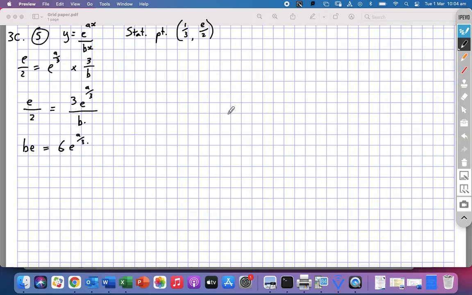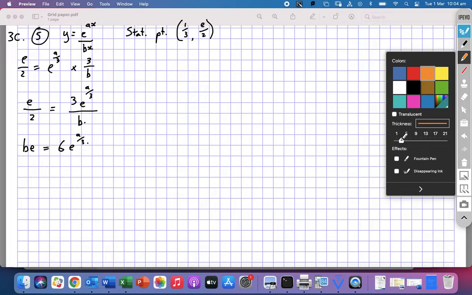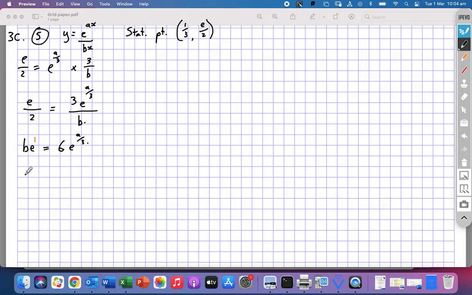Now at this point I'm fairly sure that b is 6. If we've got a power of 1 in here, I can write that in a different colour, because we wouldn't normally write this, but e to the power of 1 equates to e to the power of a on 3. So from there you could say therefore b equals 6, equating coefficients.